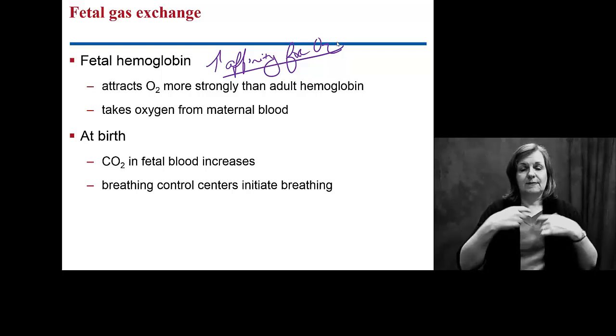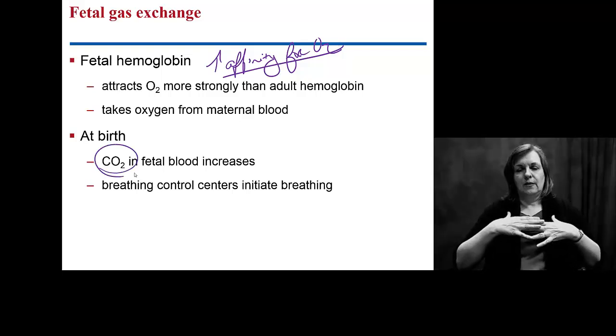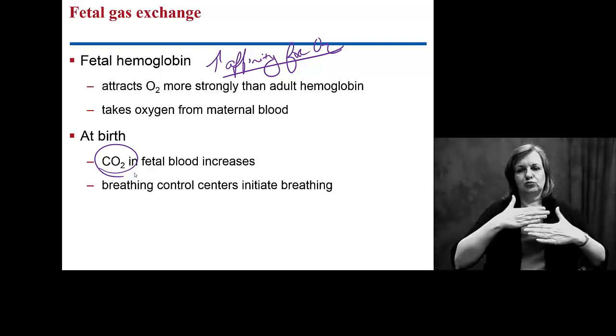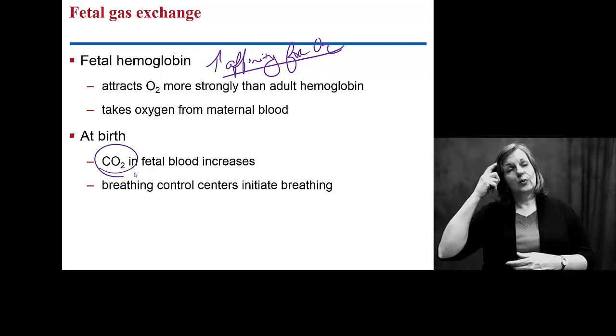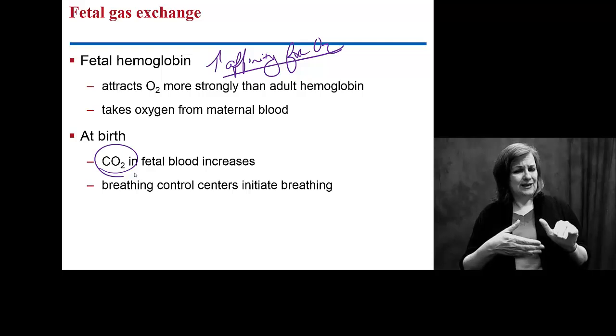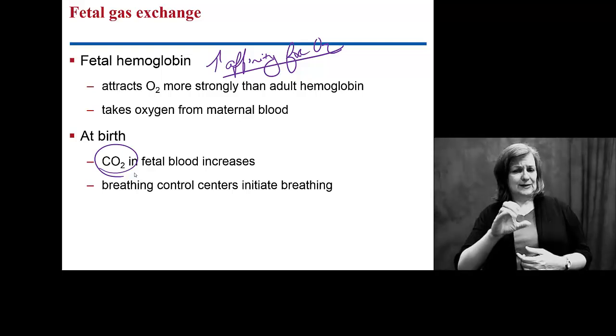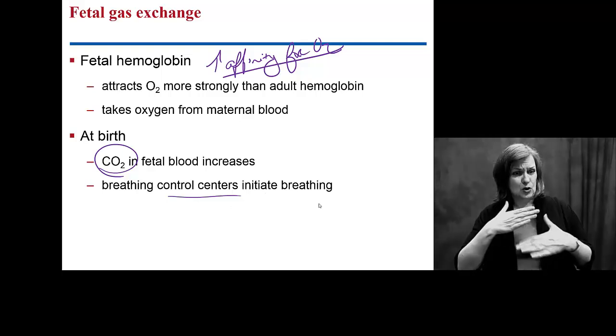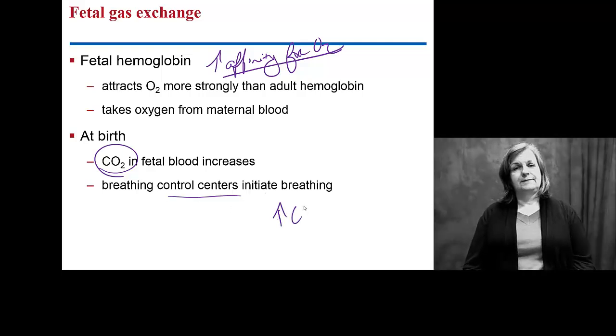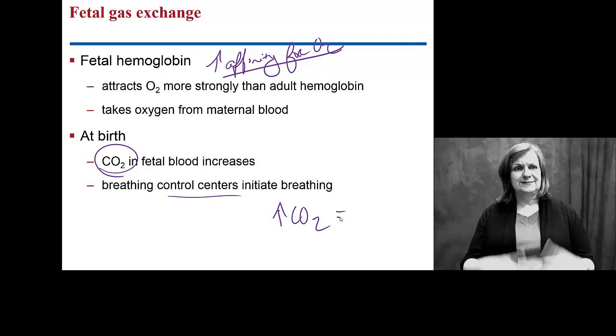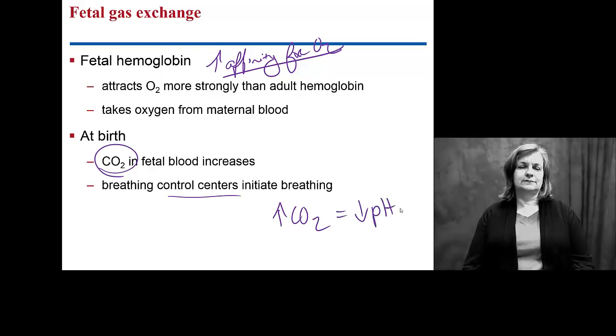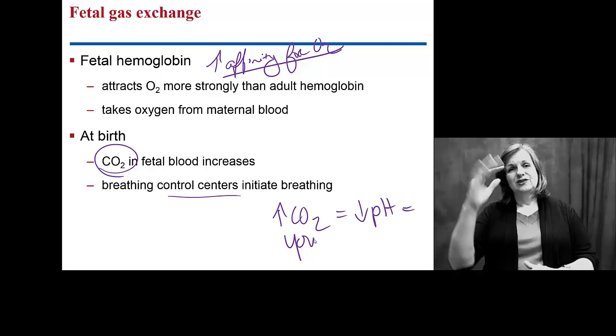At birth, the carbon dioxide in the fetal blood goes sky high. It's the first time the lungs are inflating with air. We've got to get them going. So the brain says, hey, we've got high CO2, which means low pH, which means you need to breathe.